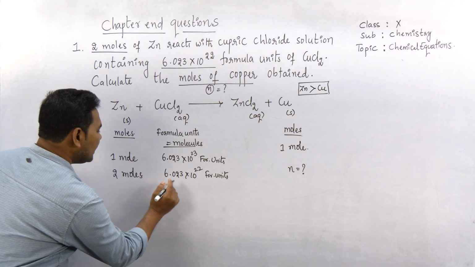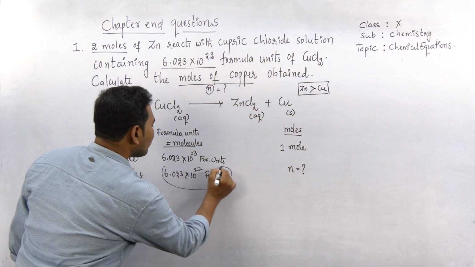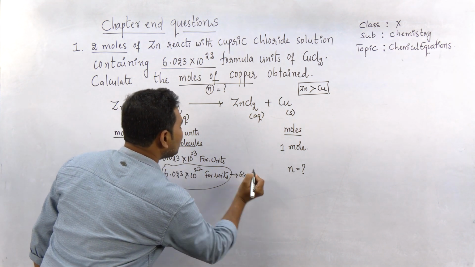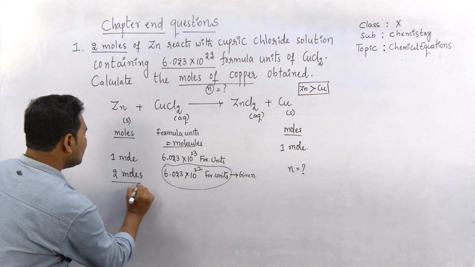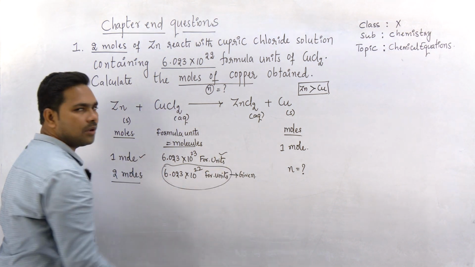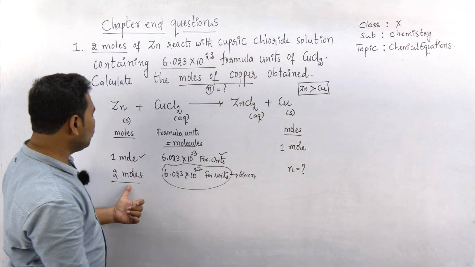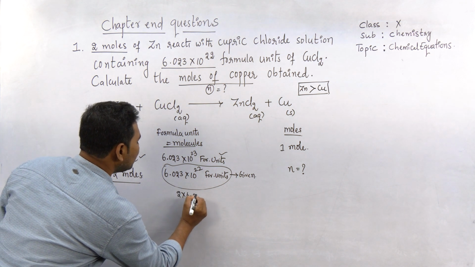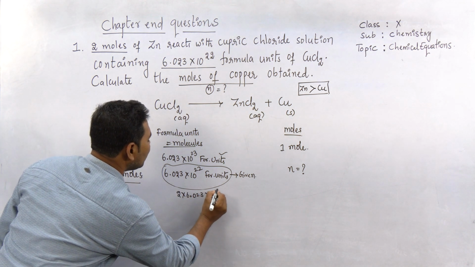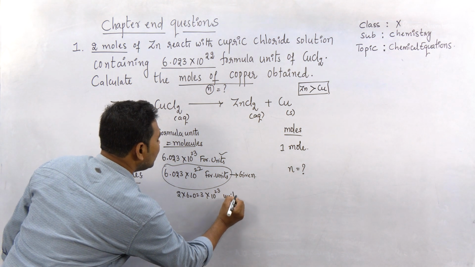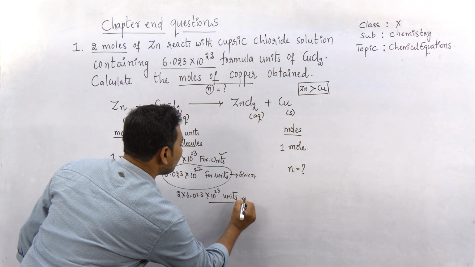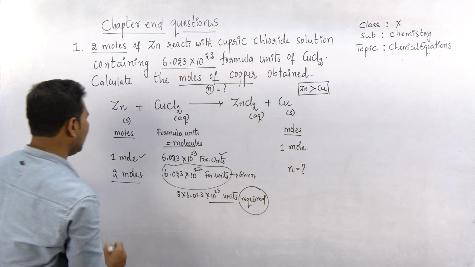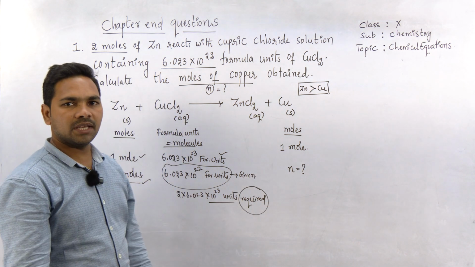These are the given number of formula units, but actually required is, if 1 mole needs 1 Avogadro number of units, 2 moles need 2 × Avogadro number, like 2 × 6.023 × 10^23 formula units. This is the required quantity to react with 2 mole zinc.